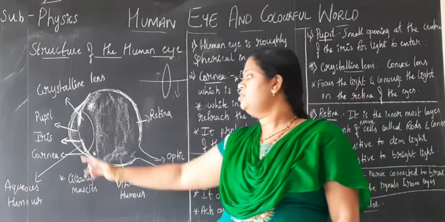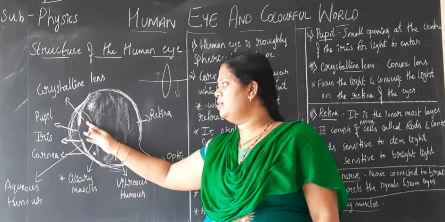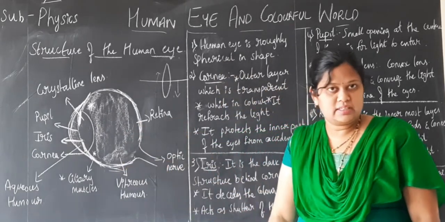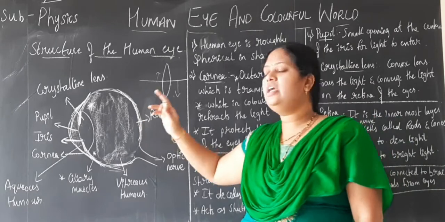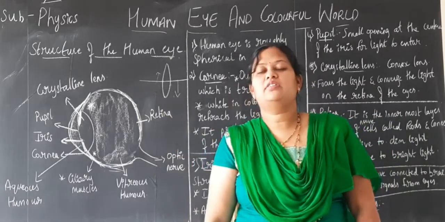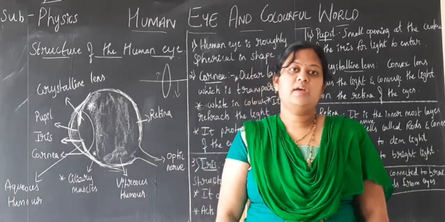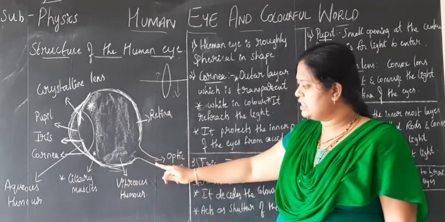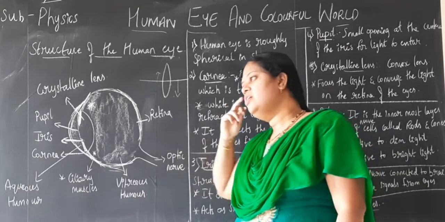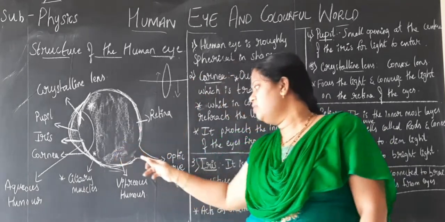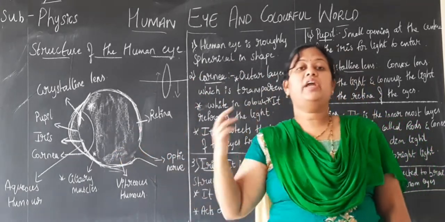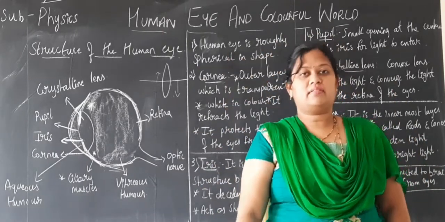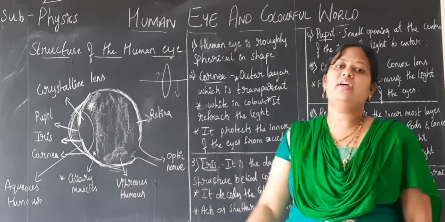As soon as refraction takes place, the lens will converge the light and make it fall on the retina of the eyes. The inverted image of the object is always formed at the retina. From the retina, with the help of the optic nerve, the nerve connected between the eyes and the brain, the signals are sent to the brain, and when the brain interprets the signals, it makes the image look erect, though it is formed inverted on the retina.